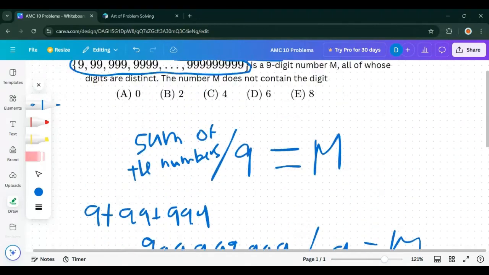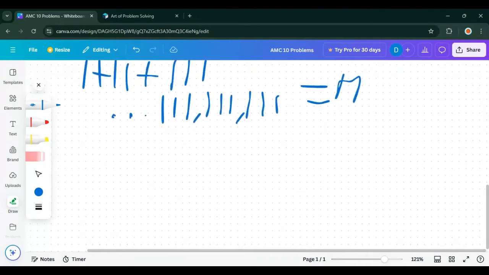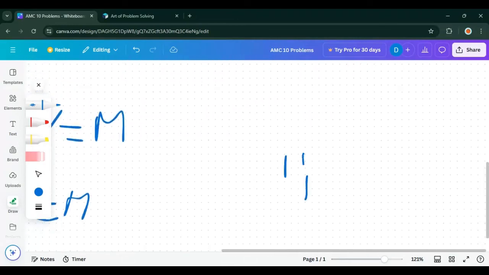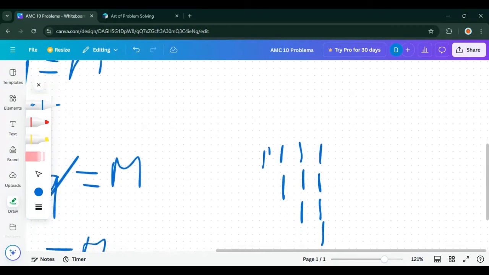Now we can actually see what the problem is saying. M's digits are distinct. If we format this a little differently, we have 1, 11, 111, then 1,111, and we can keep on going.